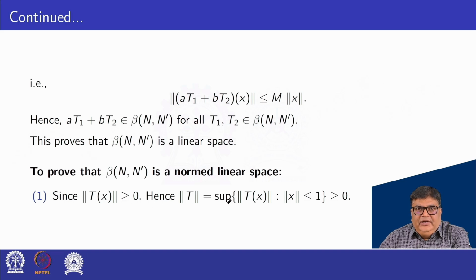Hence norm T, defined as the supremum of norm Tx such that norm x less or equal to 1, is greater or equal to 0. Hence the first condition of norm is satisfied here.